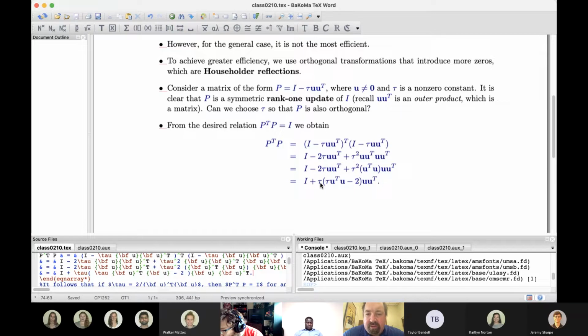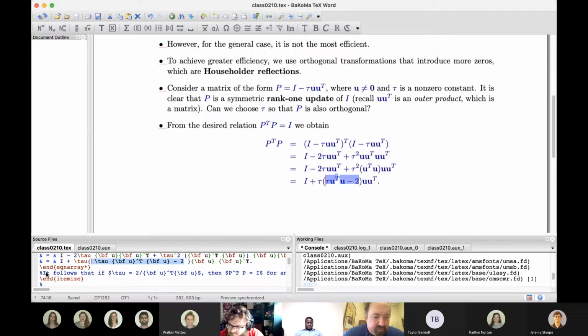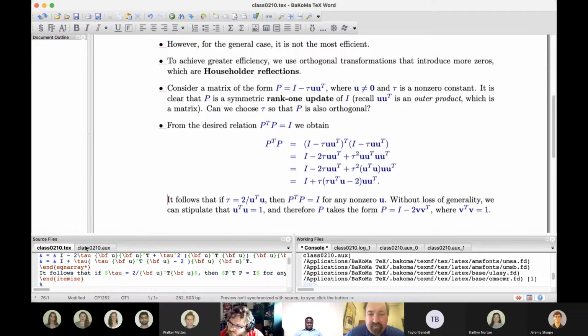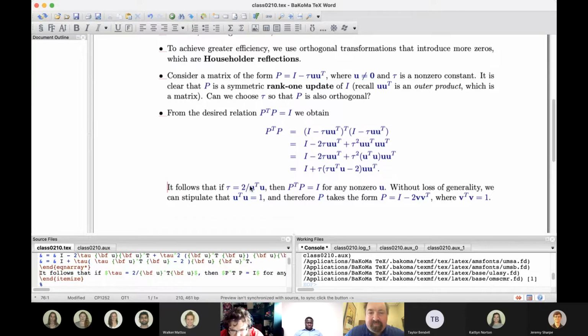Well, tau is non-zero, U is non-zero, so UU transpose will be non-zero. Therefore, the only possibility is that this factor is 0. So I've solved for the constant tau. If I choose tau to be 2 over U transpose U, then P is an orthogonal matrix.